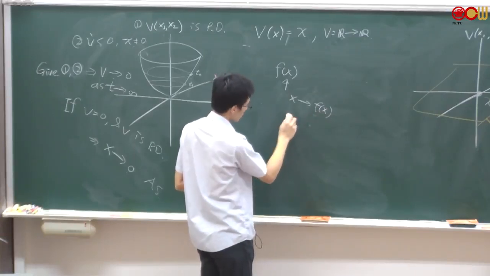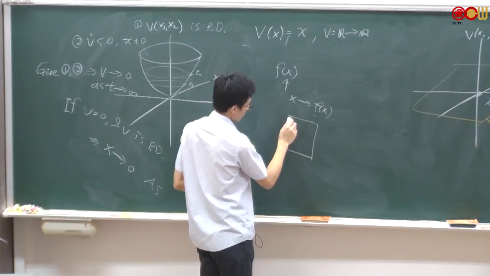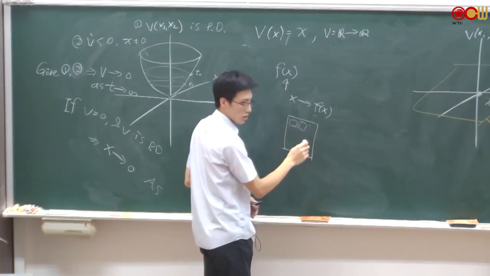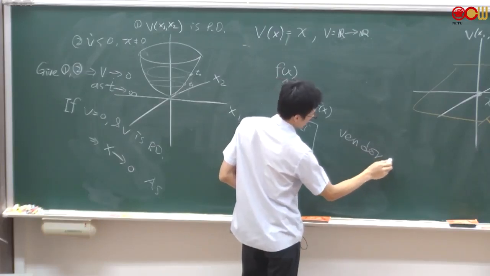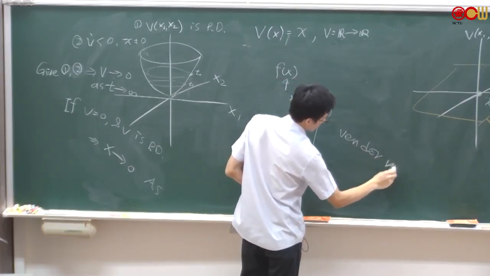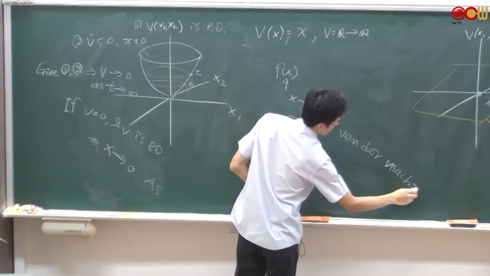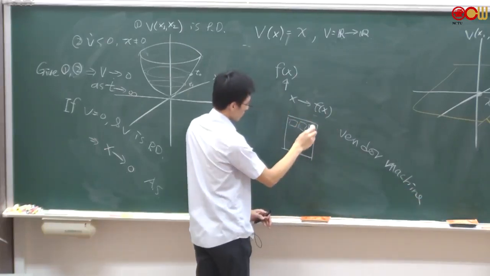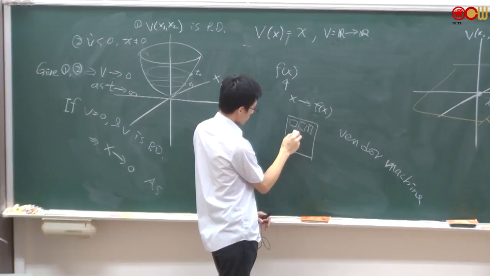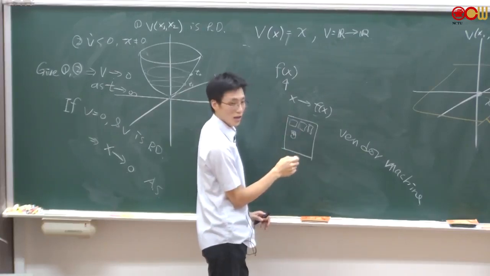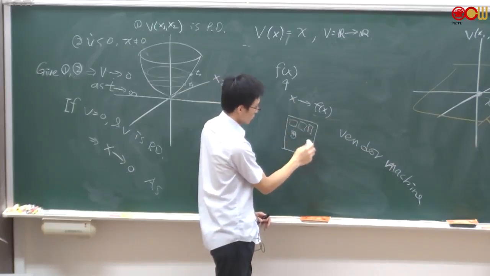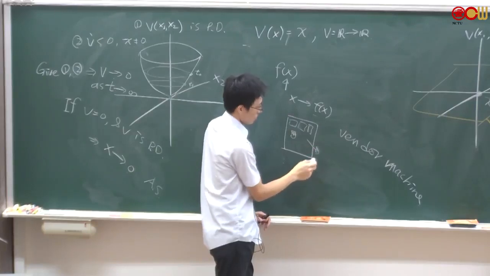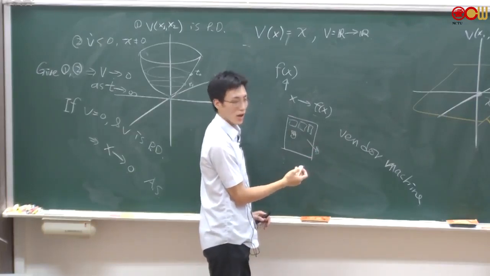Like a machine, like a vending machine. You put your coin inside. Coin is your x. f(x) is your beverage, right?